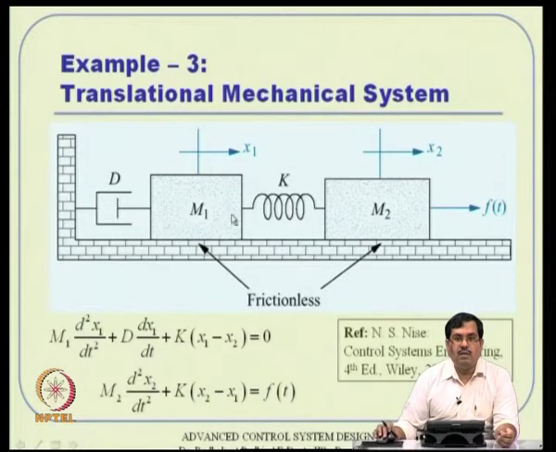Remember, these are not independent quantities anymore. The x2 term appears here and also here. That means if I vary this force f of t, my x2 is going to change and hence my x1 is going to change, because there is x2 input also coming there.